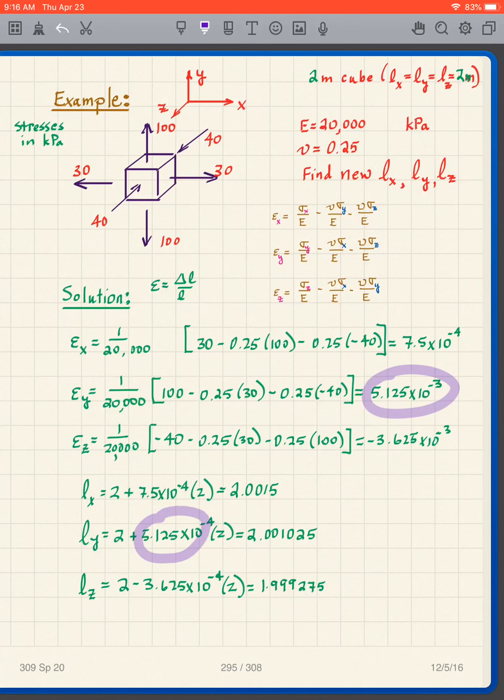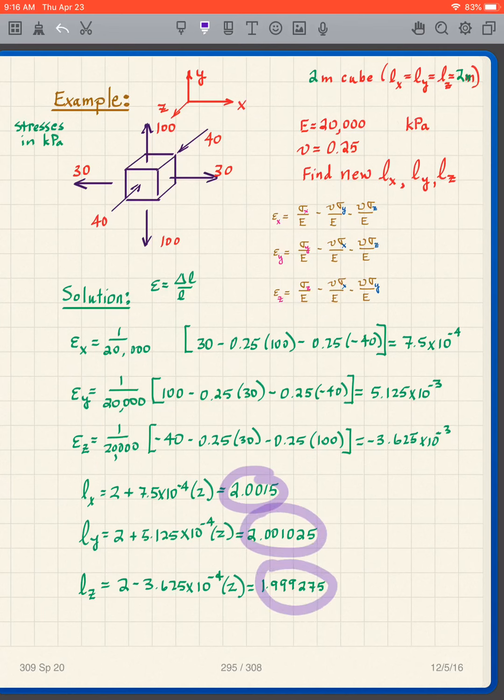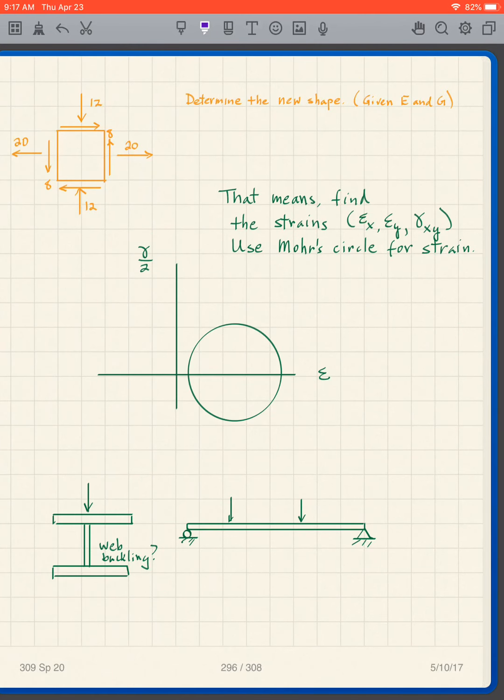It's positive, so we add it. For the last one, this is negative, so we subtract it. And we end up with our new lengths. That is how you apply the generalized Hooke's law.